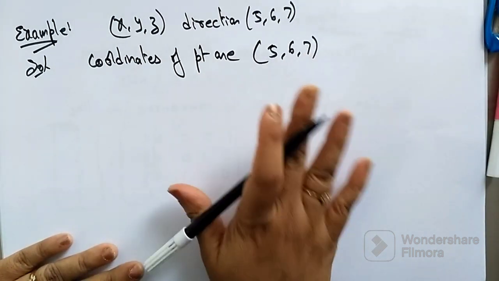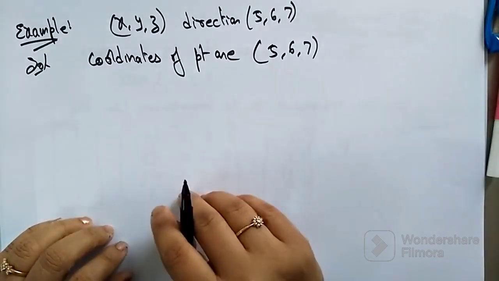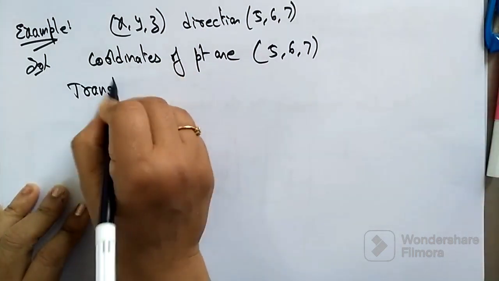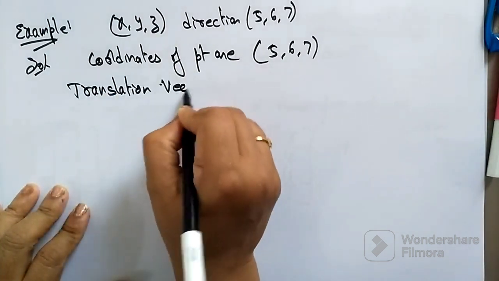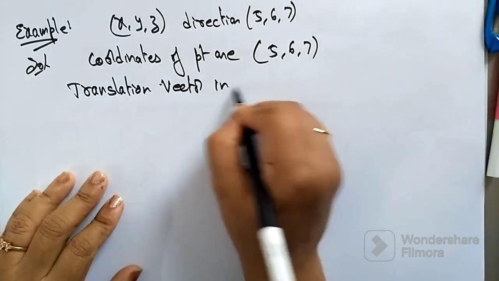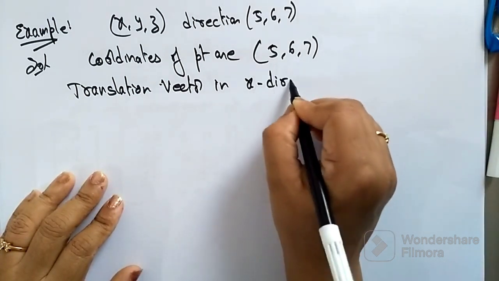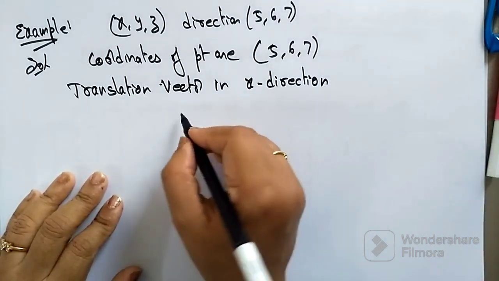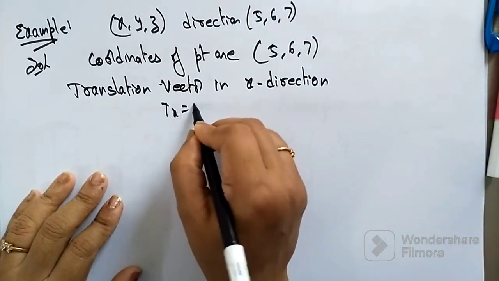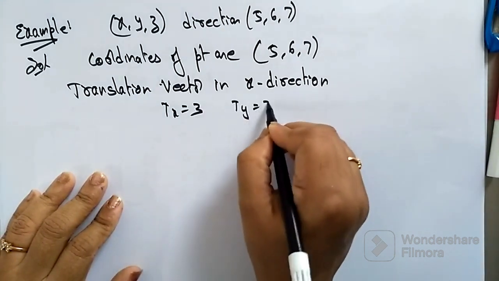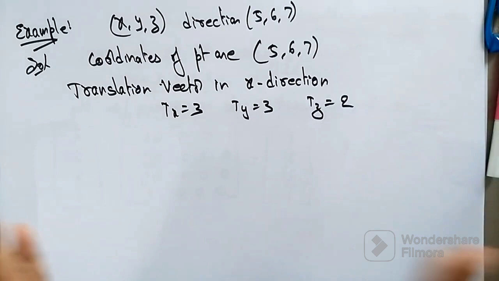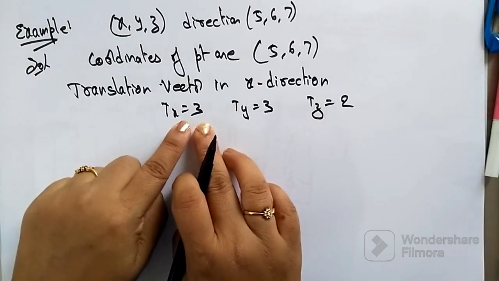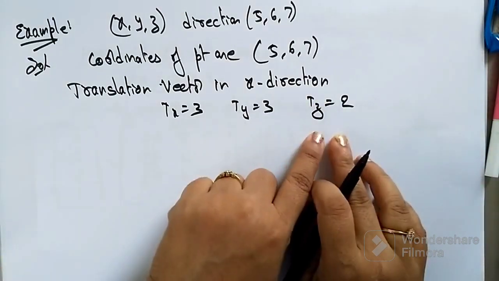Now let us take the translation vector: tx is equal to 3, ty is equal to 3 and tz is equal to 2. They are given in the question, that the translation in the x direction, that is tx, is 3, in the y direction ty is 3, and in the z direction tz is equal to 2.